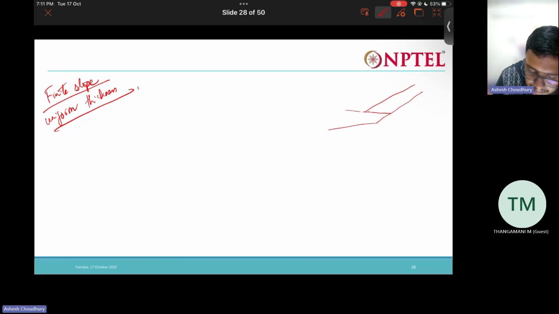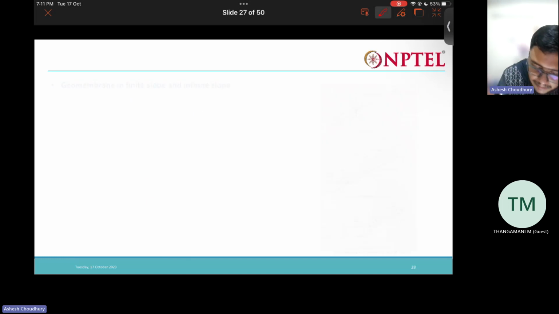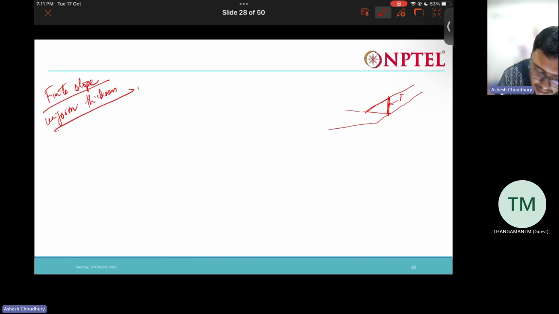So what happens? A passive wedge actually develops here. Active and this passive pressure. So there will be some passive pressure acting here, and there will be some active pressure acting.